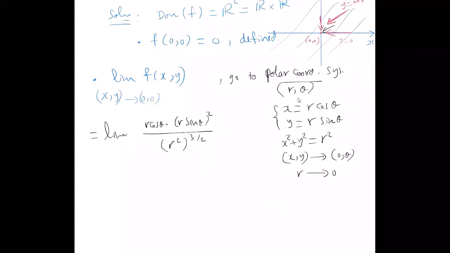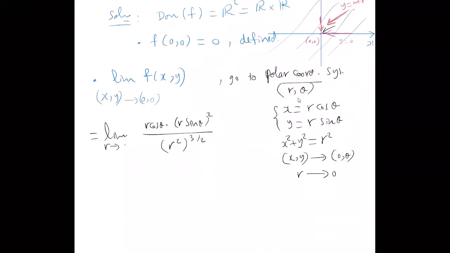But theta can vary. We cannot say theta tends to 0, because theta goes in all directions from 0 to 2 pi. Let's check whether the limit will depend on theta or not. Let us calculate this limit when r tends to 0.